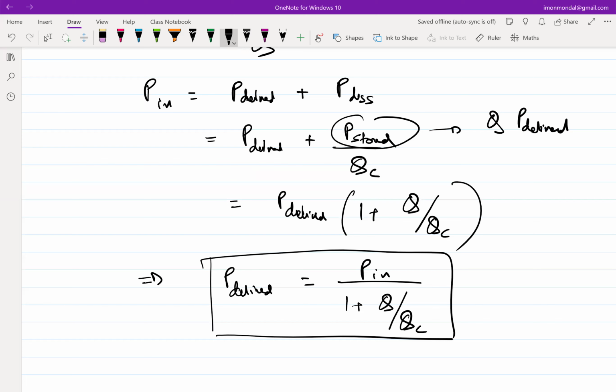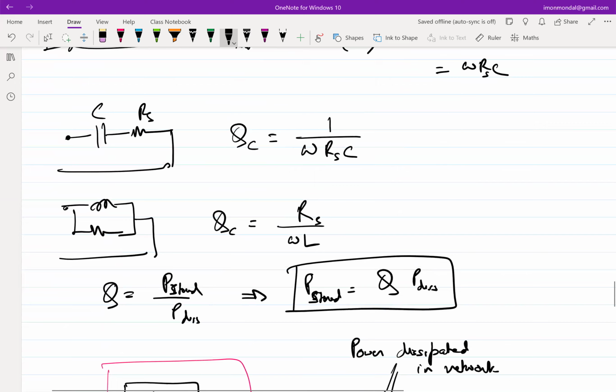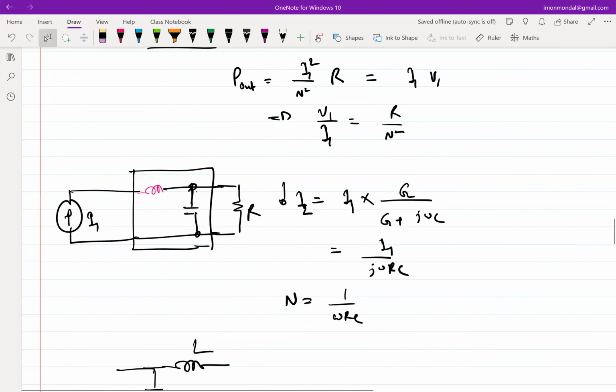That should make sense intuitively because let's go to this example. In this case, forget about the inductor for the time being, okay? We used this ratio, we used the capacitor R combination to reduce the fraction of current that was going into R, which means most of the current was going into C. Now, if C is lossy and much of the current is going into C, then I will have more loss.